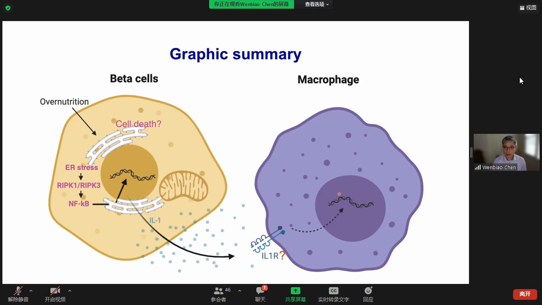But the question still remains that we lost beta cells. How does that happen? Does macrophage have anything to do with beta cell loss?